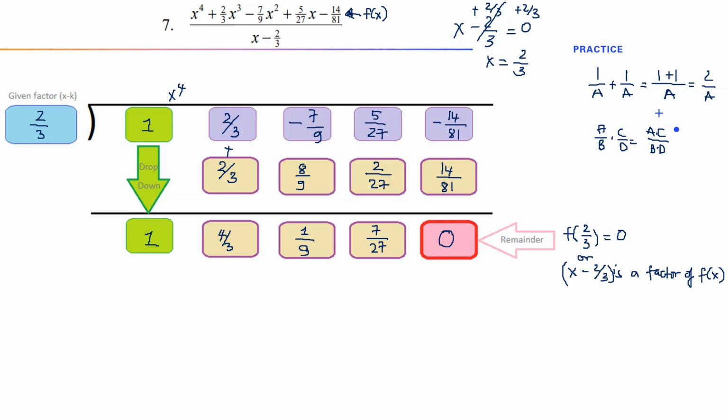So how do we rewrite this one? We start with x to the 4th, so this one will be x cubed, x squared, x, number.